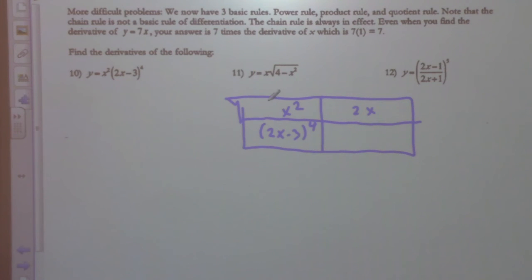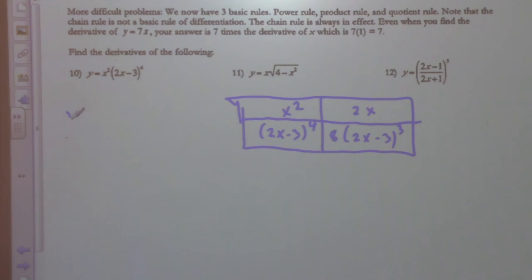The derivative of all this is going to be 4 times the inside, times the derivative of the inside. What's the derivative of the inside? 2, right? So we'll have 8, which is 2 times 4, 2x minus 3 to the 3rd power.